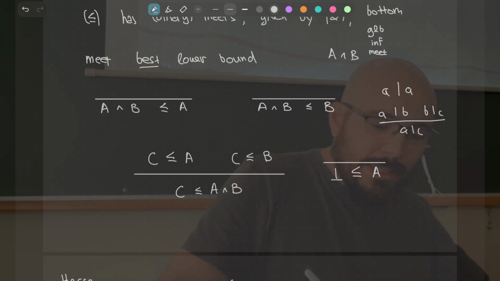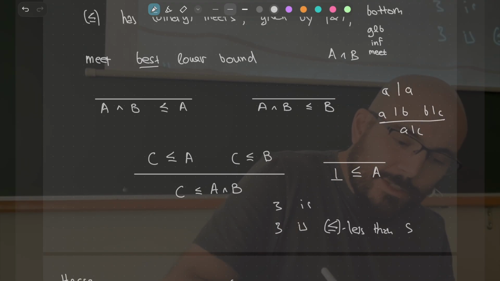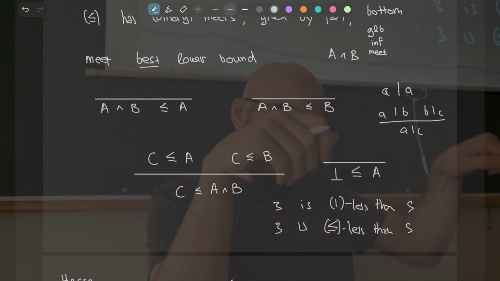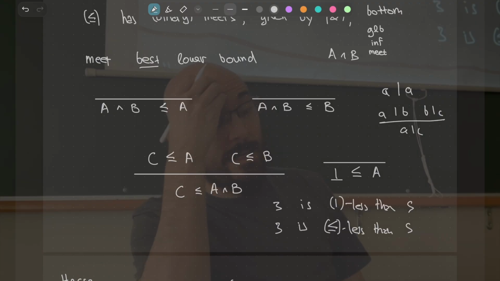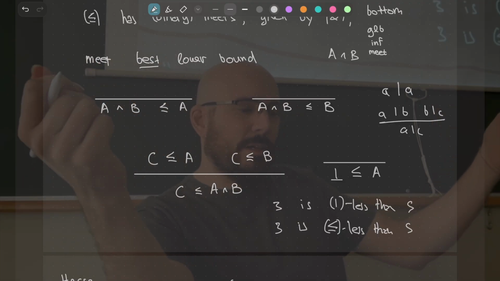When you are a kid and you say 3 is less than 5, you mean the usual relation. Now, I'm considering a different relation, so my way of comparing integers now is not the usual order, it's divides. So if I say it's a lower bound, it doesn't mean that it's less in the traditional sense than both integers. It means what?